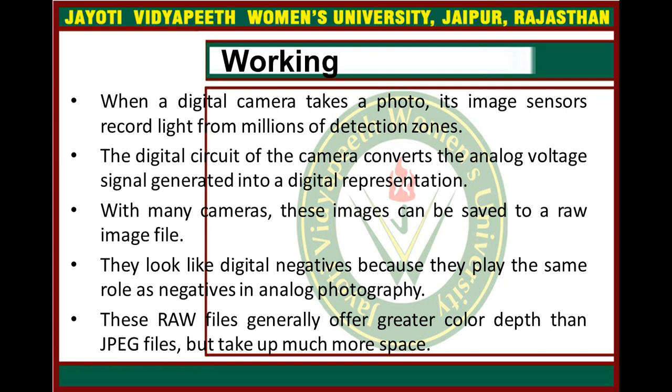With many cameras these images can be saved to a raw image file, and they then look like digital negatives, which can play the same role as negatives with a film photograph. These RAW files generally offer greater color depth than JPEG files but take up much more space.